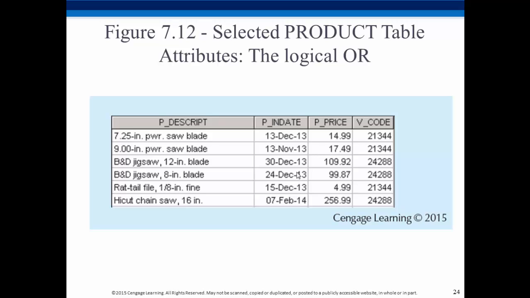You will select P_DESCRIPT, P_INDATE, P_PRICE, and V_CODE. Those are the 4 columns that it will show from product, where V_CODE is 21344 or 24288. And it shows you there on the bottom of page 265 the syntax for that query, and it shows you here the results of that query.